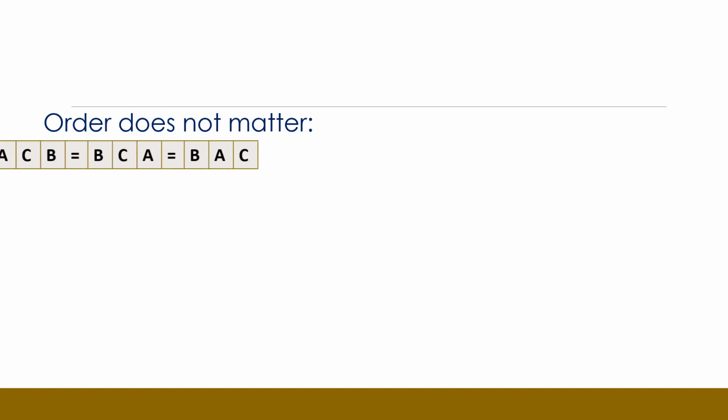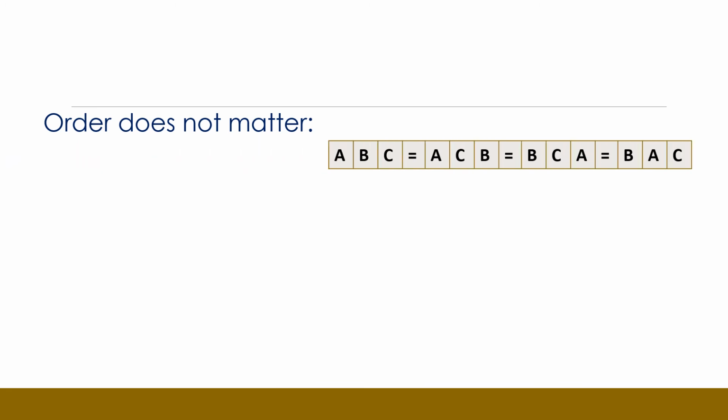Having A elected first, B second, C third is the same choice as having B elected first, A second, and C third. This is different from a case where the people would be elected to defined positions, e.g., chair, treasurer, secretary.